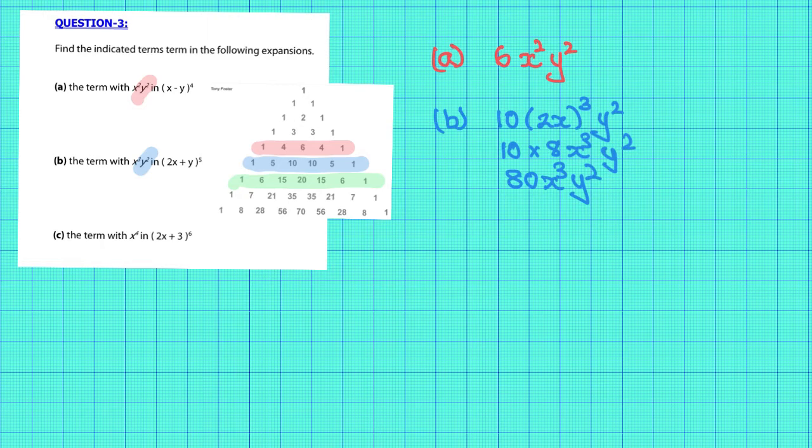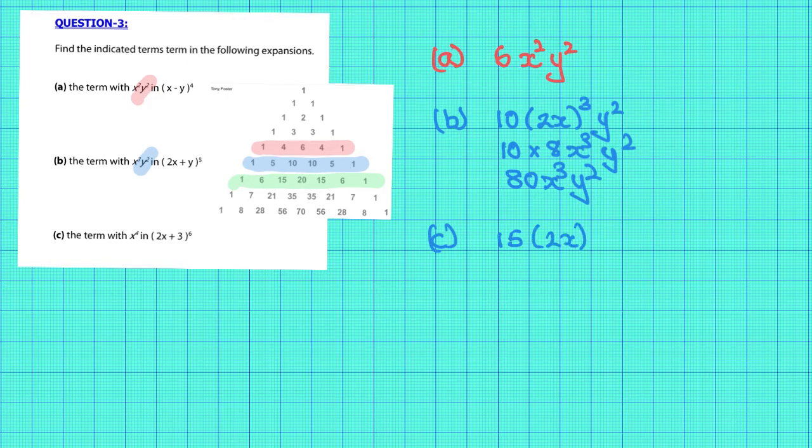Because x is to the power of 4, to make 6, y must be to the power of 2. That means r is 3. We want the third number in the row. So we can write 15.